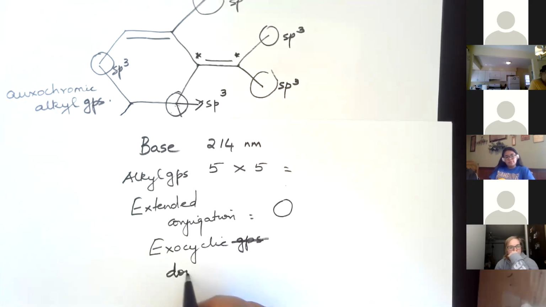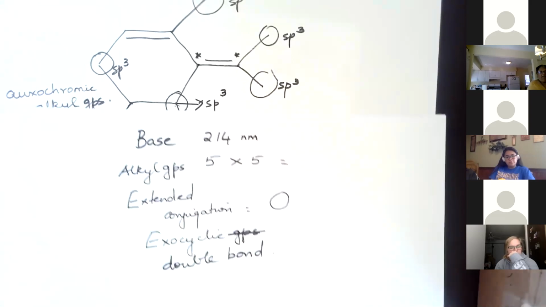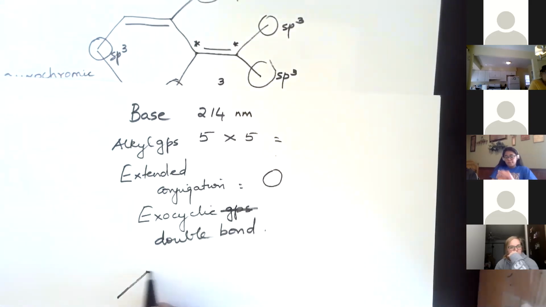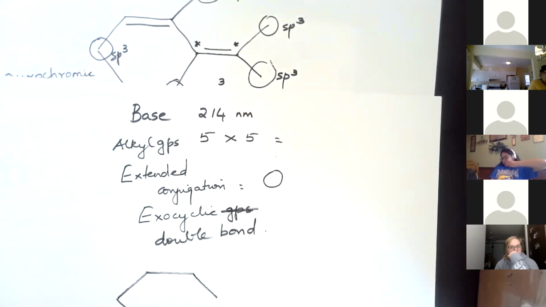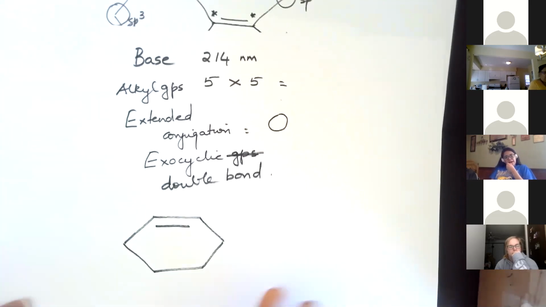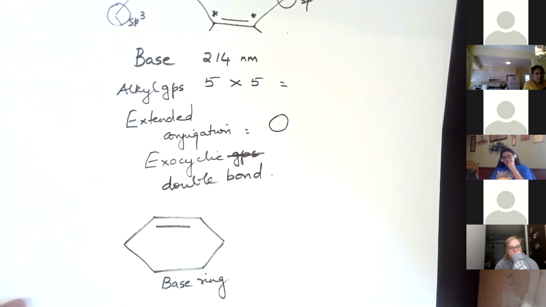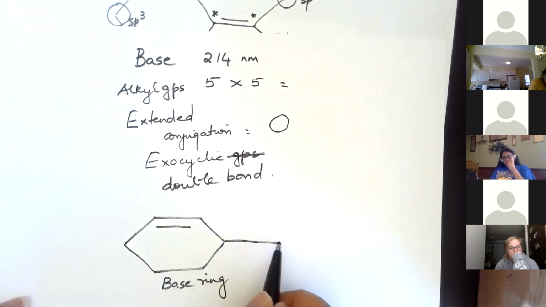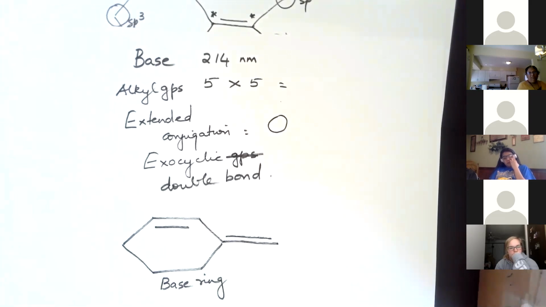Exocyclic double bond. How do you identify these guys? You should have a ring. Okay, this is our base. Base ring, not the base conjugation. Right outside the gate, you have somebody waiting with a package.